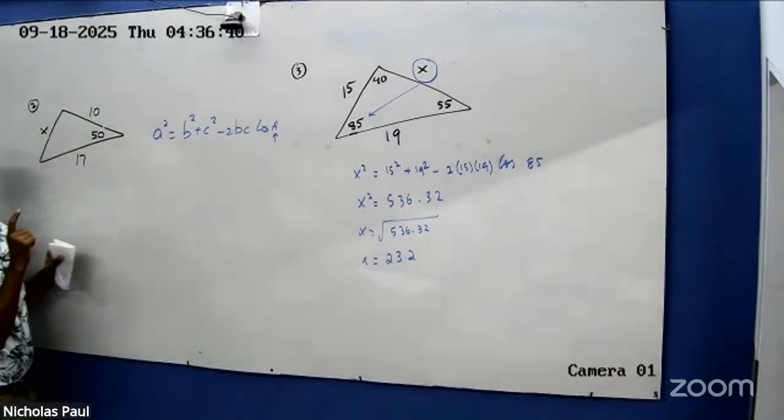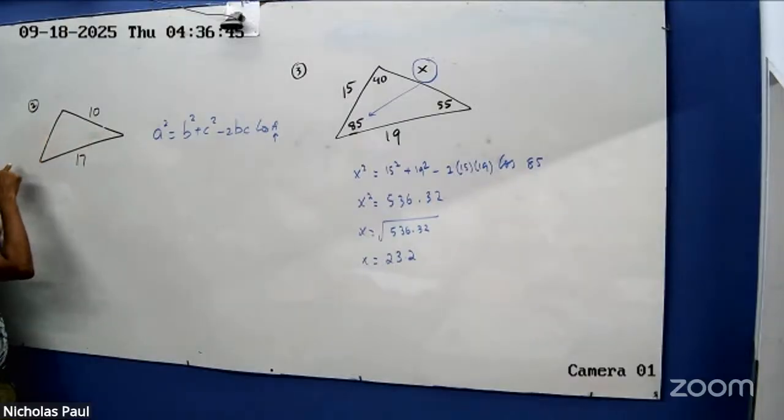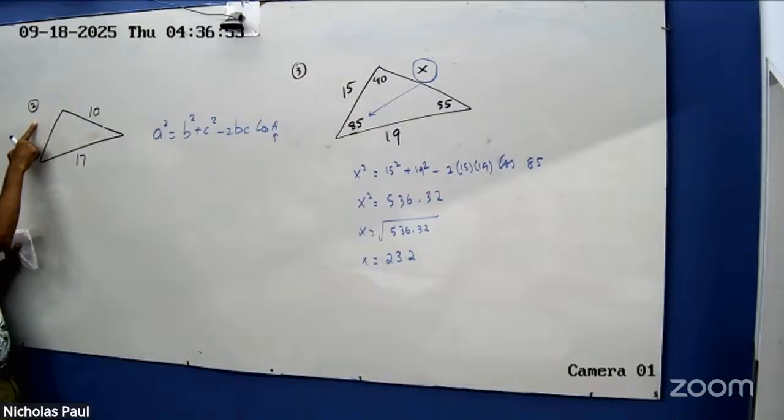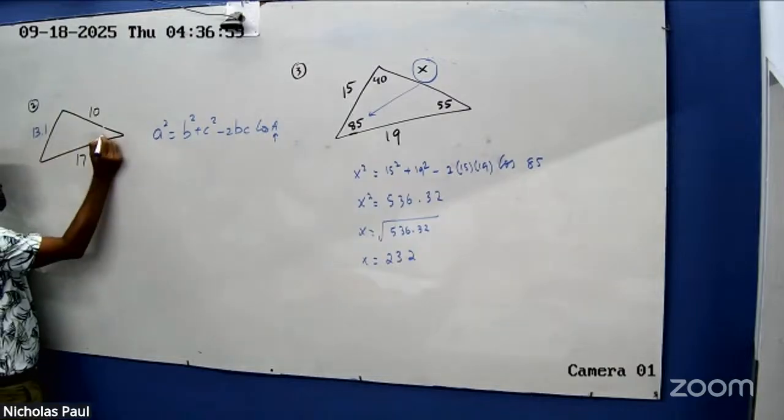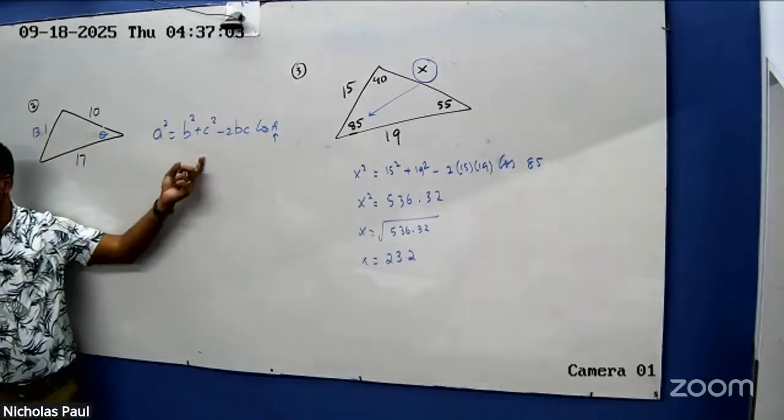So here's what I'm saying. If the length here is 13.1, from question 2, and the question asks me to find theta, I should be able to use this formula.